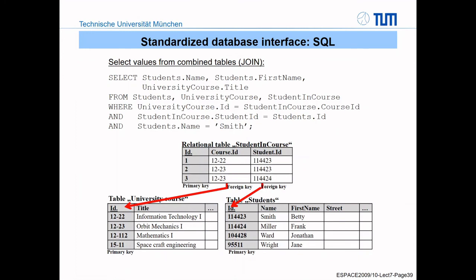These are these three tables, so you have to tell the database management system which tables you want to use, and then you select where university course ID is equal to student course dot course ID, so where this ID is the same as this ID, and in student in course, student ID is students ID, and student's name is Smith, so that you have the same course ID here and you have a connection directly to here.